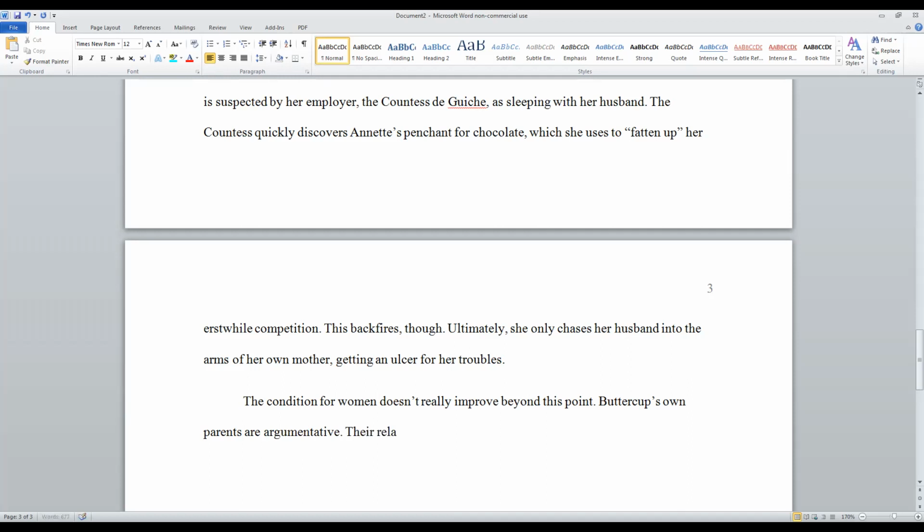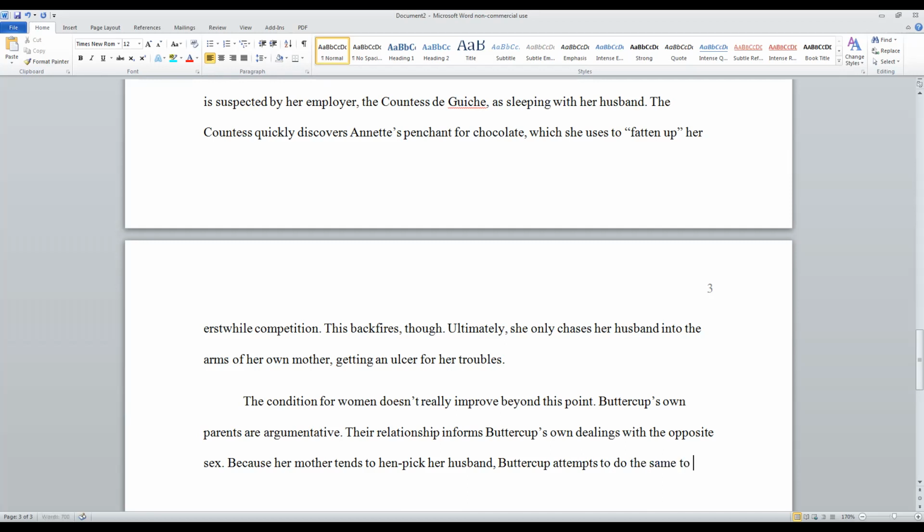Their relationship informs Buttercup's own dealings with the opposite sex. Because her mother tends to henpeck her husband, Buttercup attempts to do the same to the farm boy, Wesley, rather than admit that she is attracted to him.